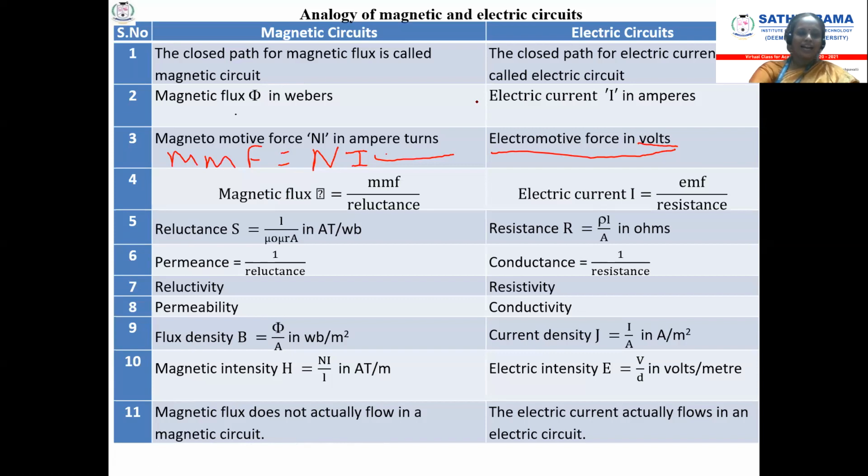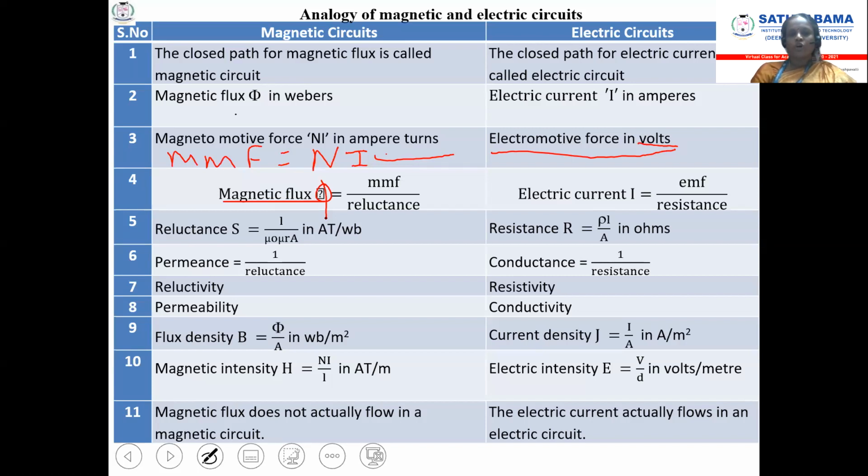And magnetic flux, the symbol is phi. Phi equals MMF by reluctance, and here current equals EMF by resistance. EMF is the driving force, used to circulate the current in the circuit, and magnetomotive force is used to circulate the flux in the circuit.